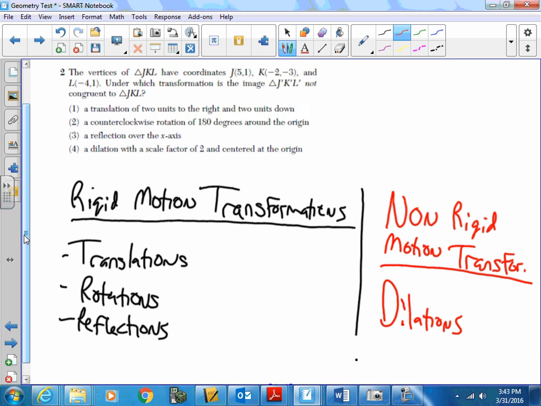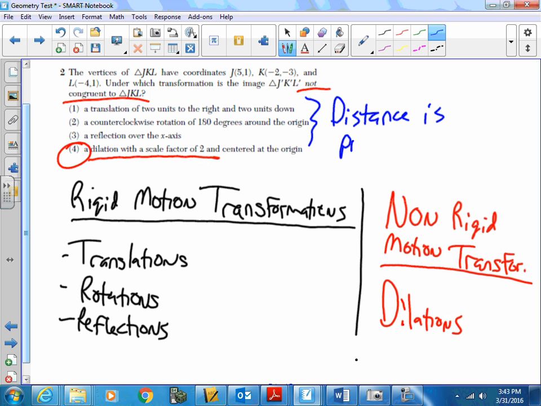But if you look at number 4, it says a dilation with a scale factor of 2. And so, remember, it says not congruent. Be careful, which transformation is going to make an image that's not congruent to the pre-image is going to be 4. If you look at the first 3, distance is preserved.